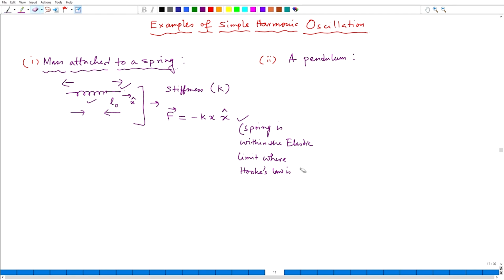If Hooke's law is not valid, then of course a force linear to the displacement is not expected. If I have this, then I can say this is the most usual and most complete example, although very simple, of a simple harmonic oscillation.